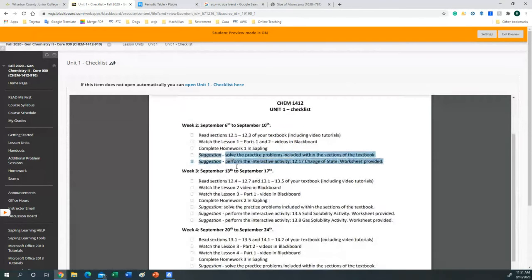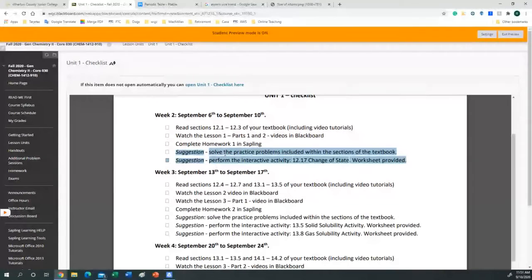There. But these activities are a very good way to study for your exam. All these suggestions are in the book. Once again, I'm going to explain in a little bit when I go to Sapling, the tutorials and these interactives and the practice problems. All of them are in Sapling.